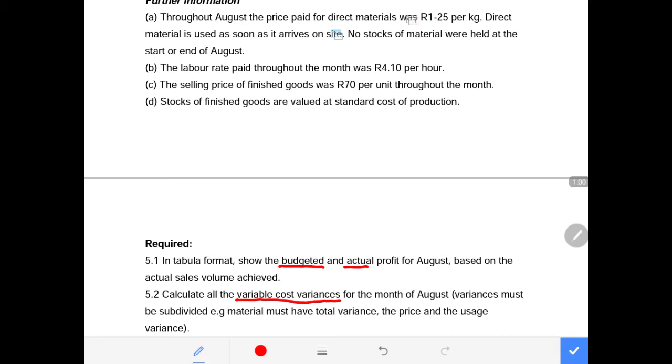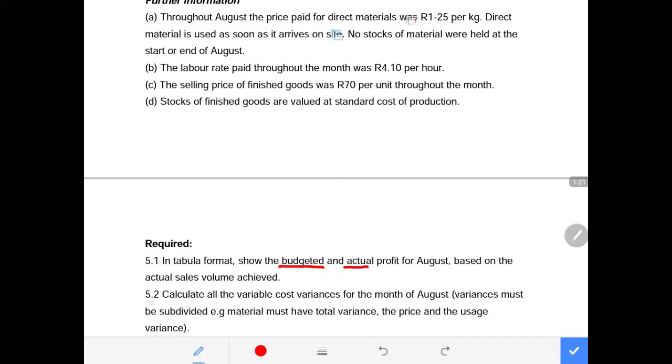So they are just elaborating how we must account. Remember, when they say variable, it will be direct material variance, direct labor variance, and variable overheads variance. Only all these three, divided into the two variances that are under each, or subdivided.